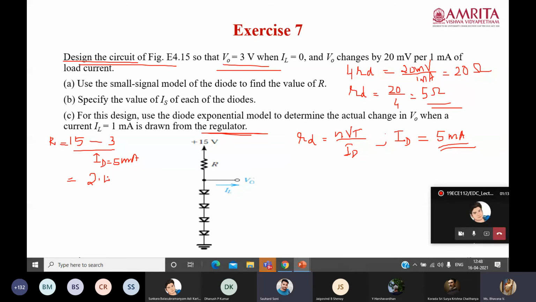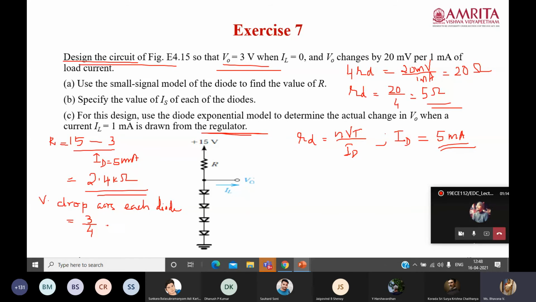2.4 kilo ohms. Take down: for V0 equal to 3 volt, the voltage drop across each diode is equal to how much? 3 divided by 4. 3 is the total output voltage.